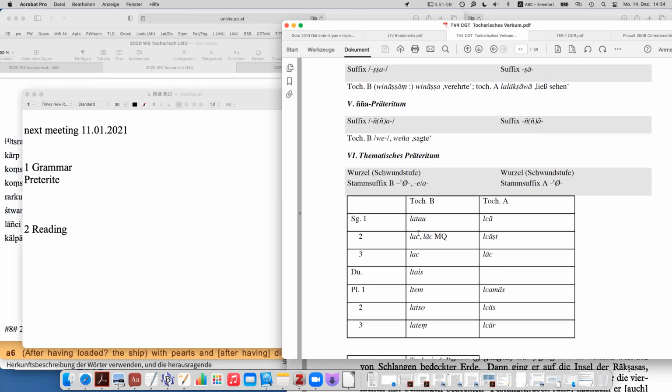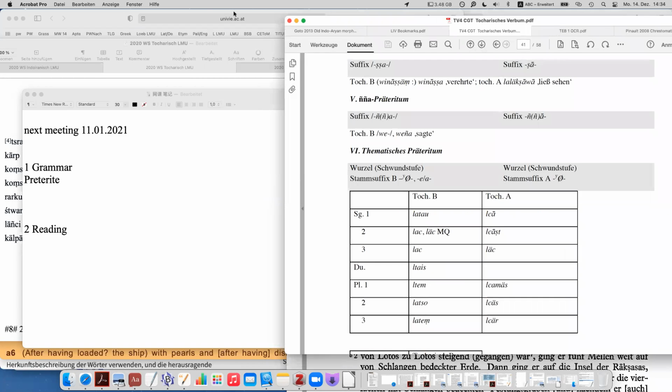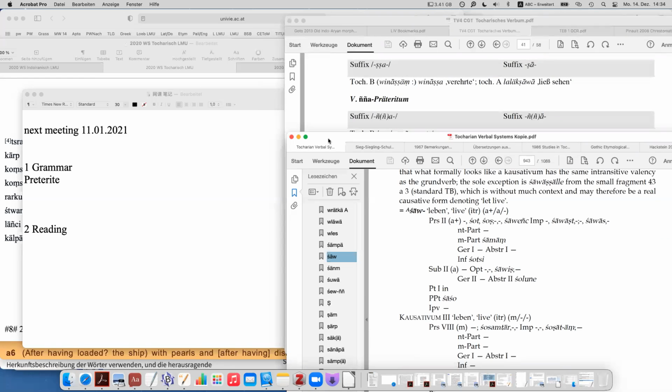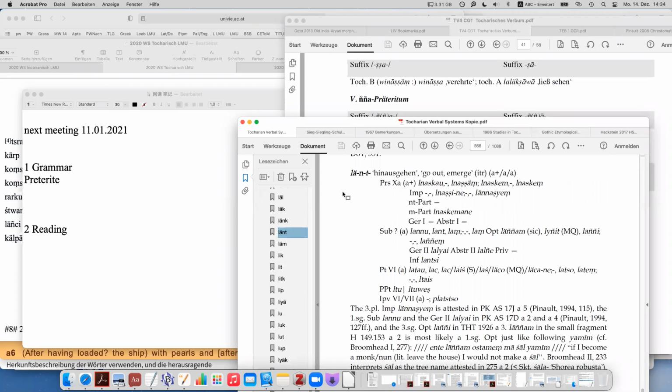So for this root, if you check the dictionary, wait a minute, I have to show you. If we check this book for verbal systems, you would find the root under this lemma. It's called lent. So why should we write it like this? Because actually the original form of the root should be let.